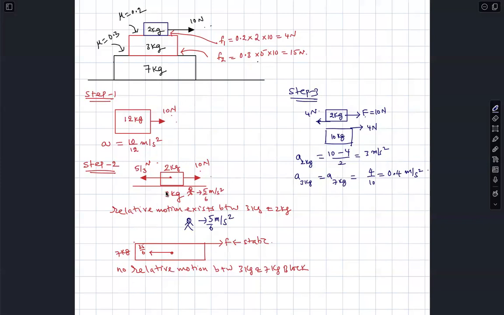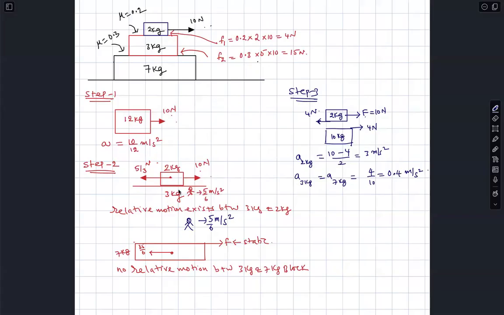No, sir, the above one. Right, no issues. The above one also, I am studying everything related to 2 kg block in the reference frame of 3 kg block. In the 3 kg block reference frame, the pseudo force is 5 by 6 into 2. It becomes 5 by 3, closely some 1.33. Already there is an external force in the diagram, 10.